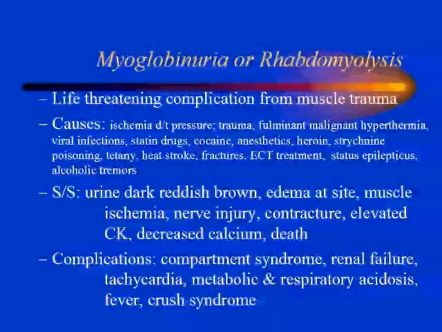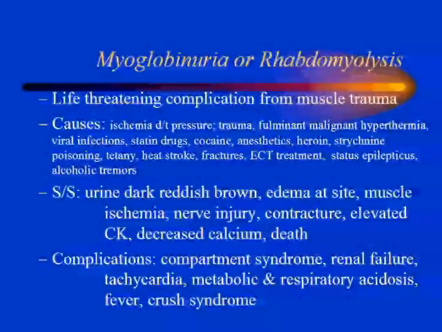Rhabdomyolysis, rhabdo meaning skeletal, myo meaning muscle, and lysis meaning breakdown. So rhabdomyolysis is breakdown of skeletal muscle that causes myoglobin to escape into the bloodstream and into the urine, causing renal failure.